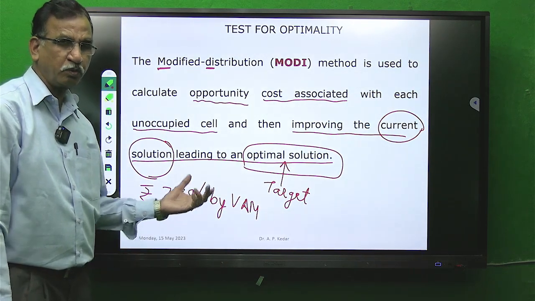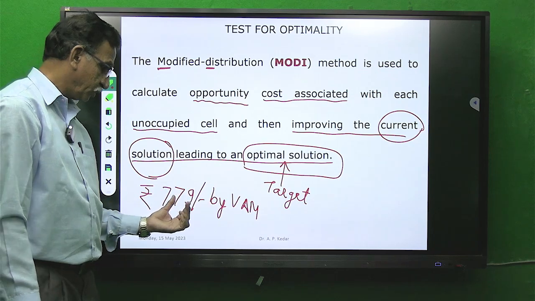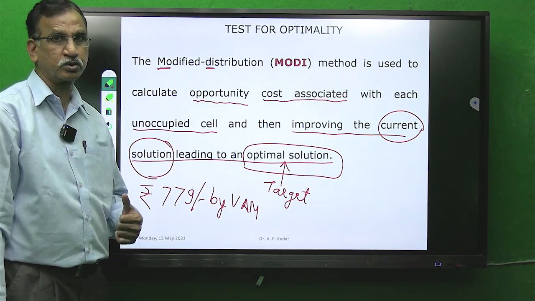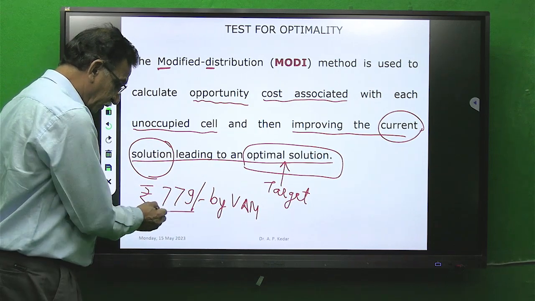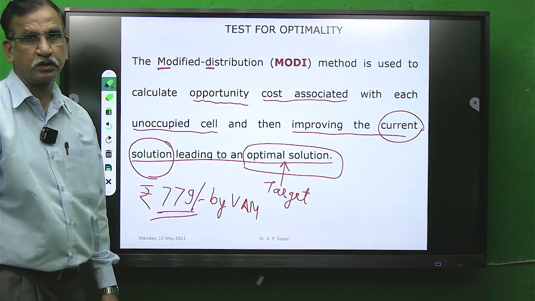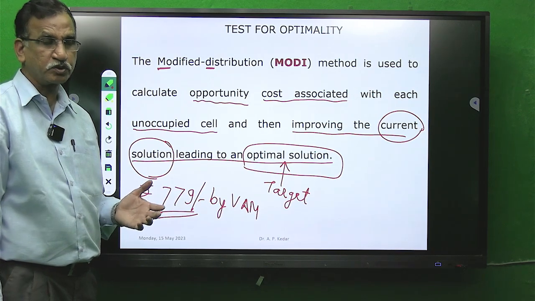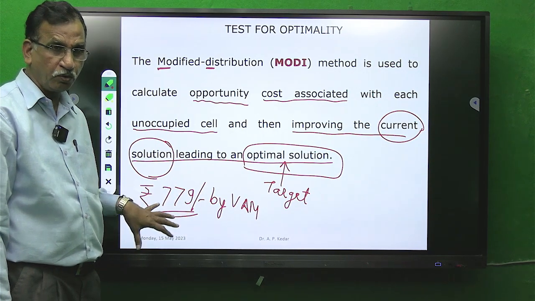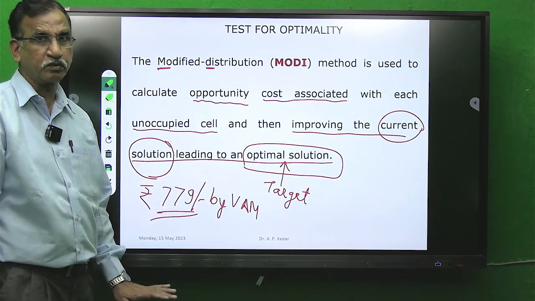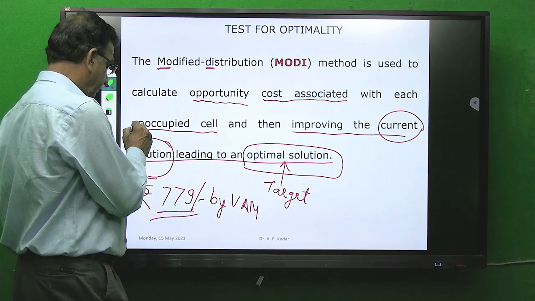So there is no point in optimizing the earlier methods' solutions, because this is the least amongst those three initial feasible solutions. So we will be optimizing this value, to see whether this is final or further improvement is possible. Is it possible that we could reduce this value below rupees 779? That is our task. Now in the further slides I will explain this.